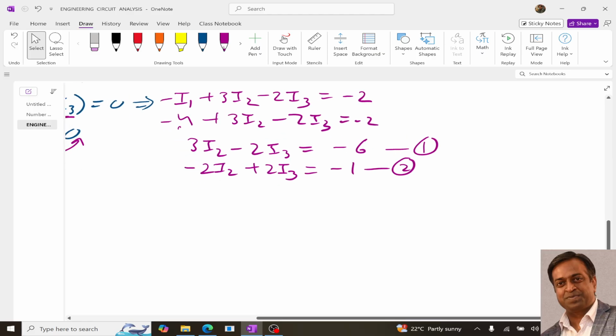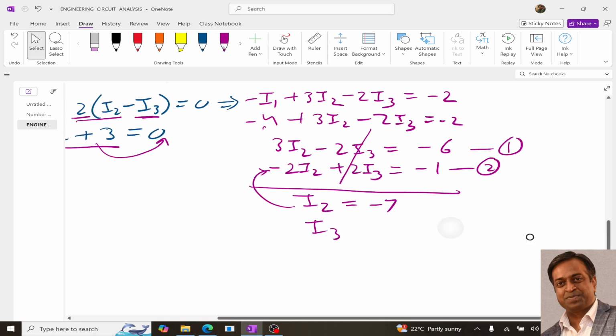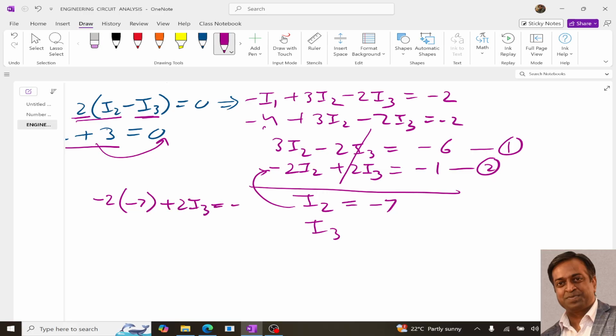Now solving these two equations, we will cancel this out and we get I2 equals minus 7. I3, now substituting the value of I2 in this equation, I will get minus 2 times minus 7 plus 2I3 equals minus 1.